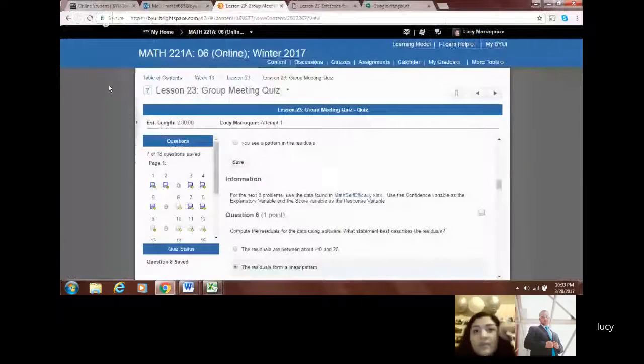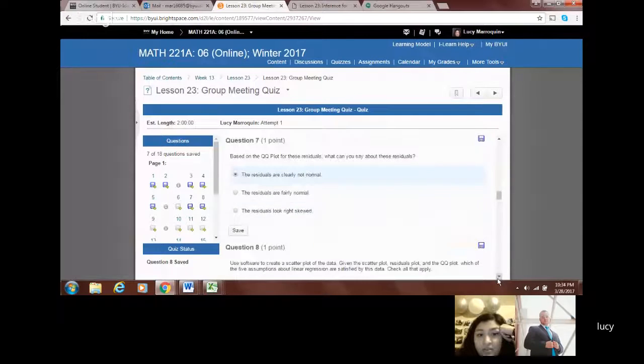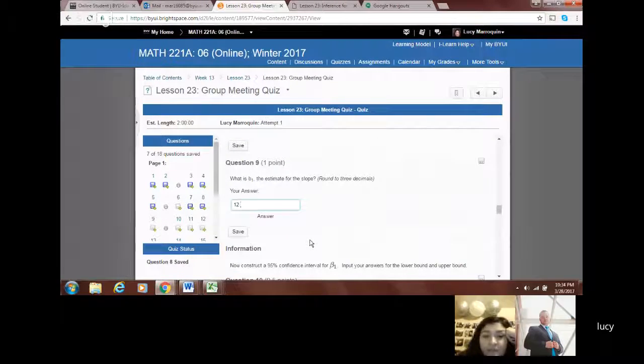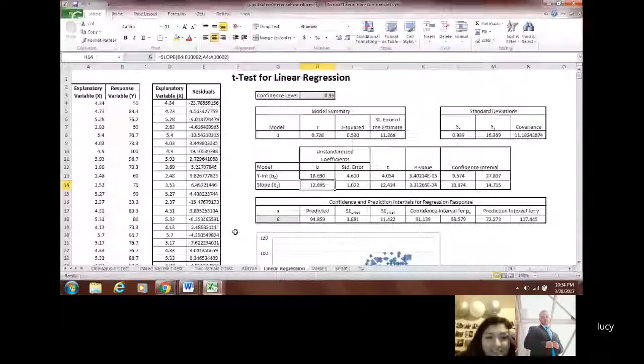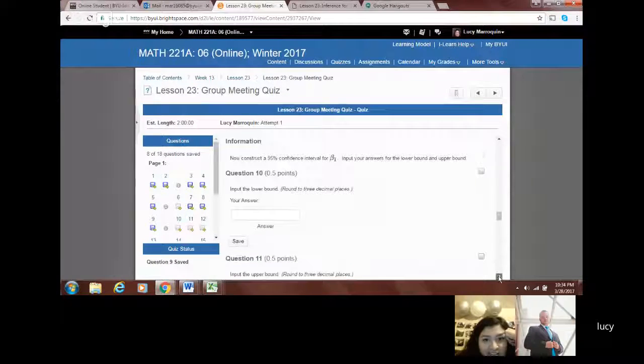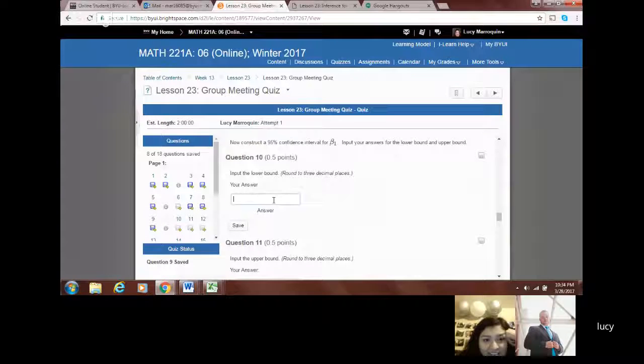Okay. For the slope for question 9, 12.695. Yeah. It makes more sense now that it's not a decimal. I was like, man, it makes a lot more sense now.